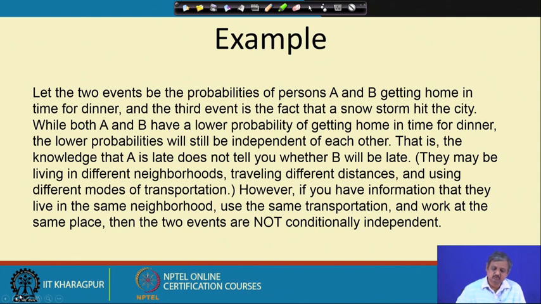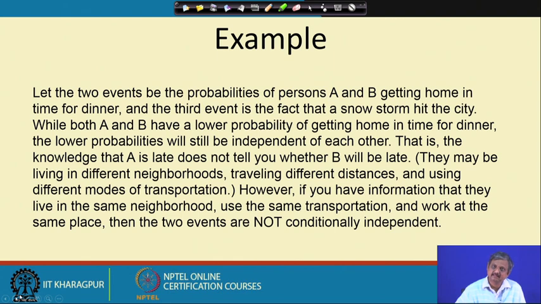So, in this case both have low probabilities of getting home, but they are still independent. Whether A is late does not tell you whether B is late. If they are quite different people, not related in any way, living far away from each other, then they are independent, even if there is snow or no snow. The outcome of C does not affect this.